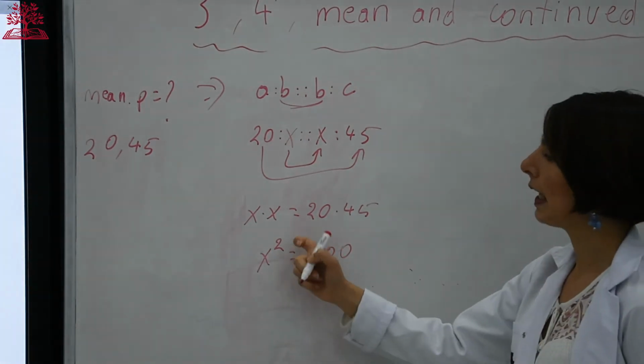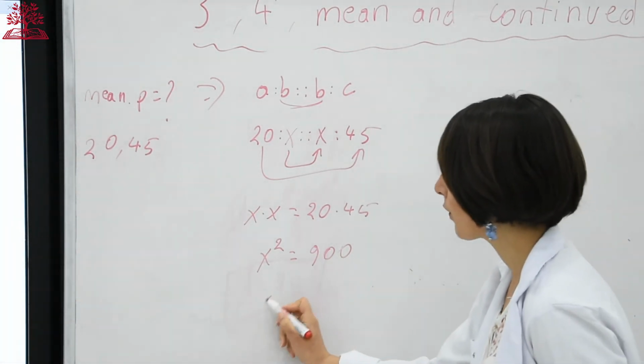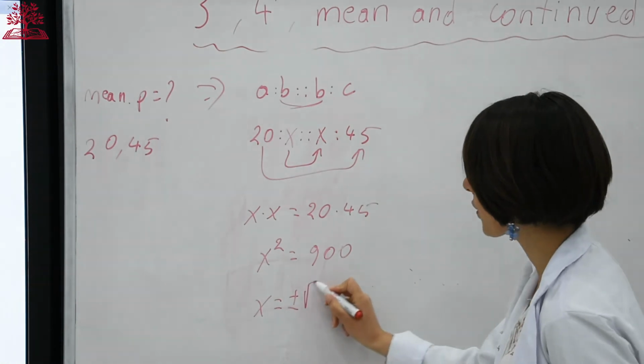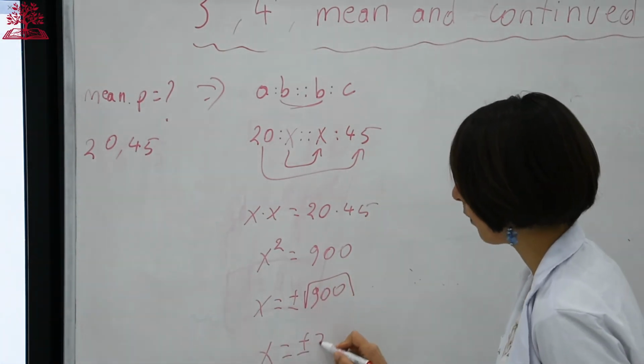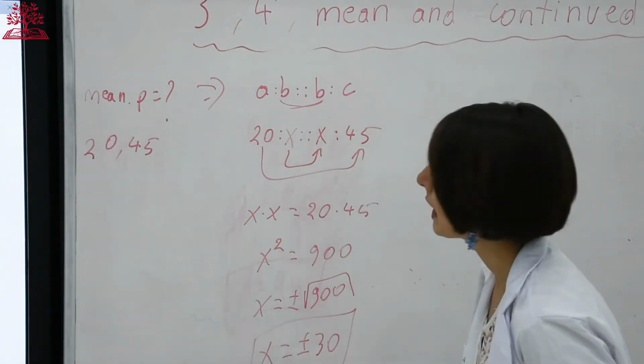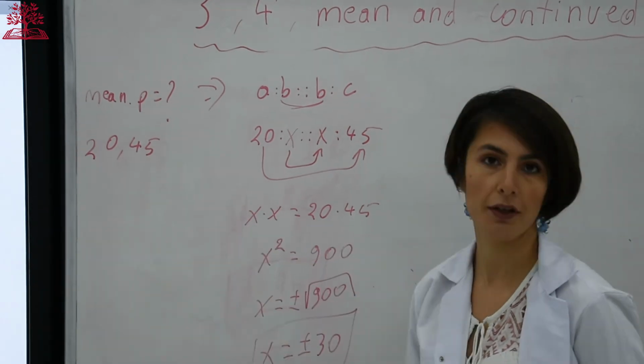Be careful, it's X to the power 2, so I have two values, one positive value and one negative value. So I have to write X equals plus minus the square root of 900, and X in the end equals plus minus 30. This is my mean proportional in this case, between 20 and 45.